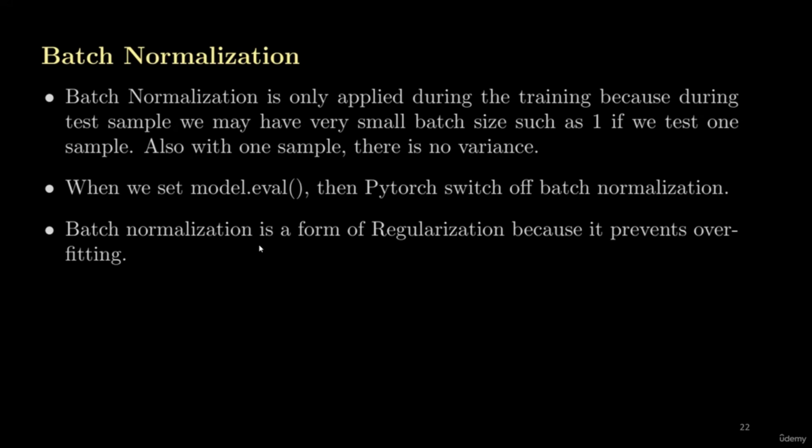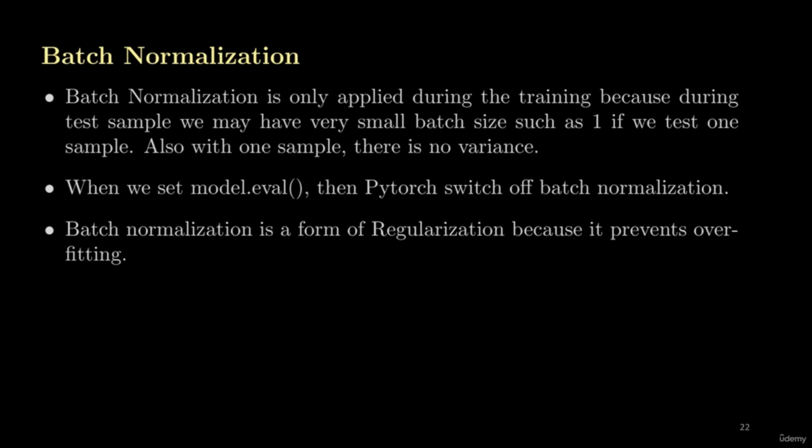So in this lecture, we learned about batch normalization. We want to normalize the data for each layer. First, we normalize the data before sending it to the input layer of the neural network. But for hidden layers, we also need to normalize the data because when data travels from one layer to another, it gets scaled.